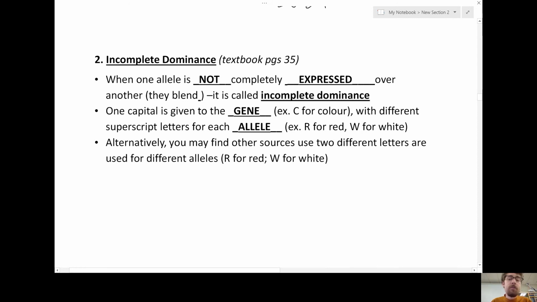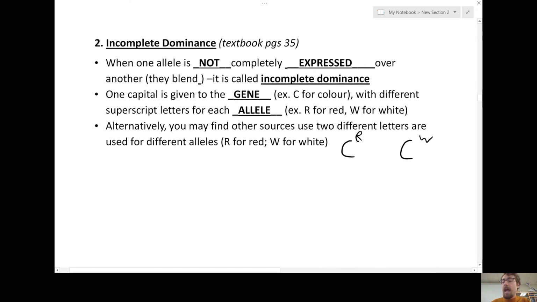We've got a few examples that we're going to look at dealing with carnations, a type of flower. So we're going to use C for color, R for red, and W for white. And there are some references out there that just use an R and a W when showing incomplete dominance.